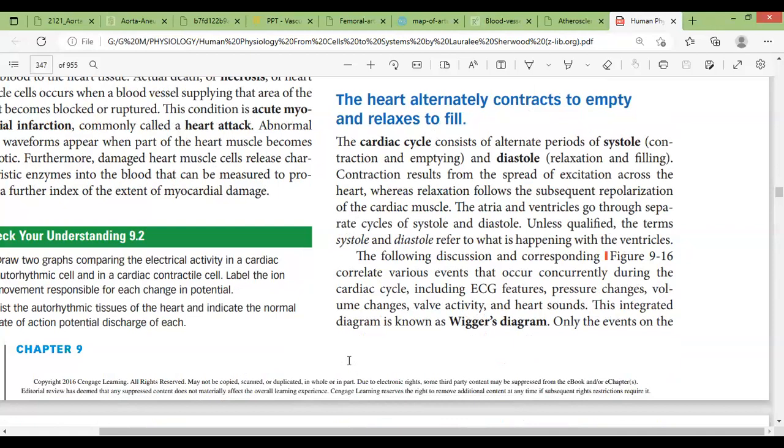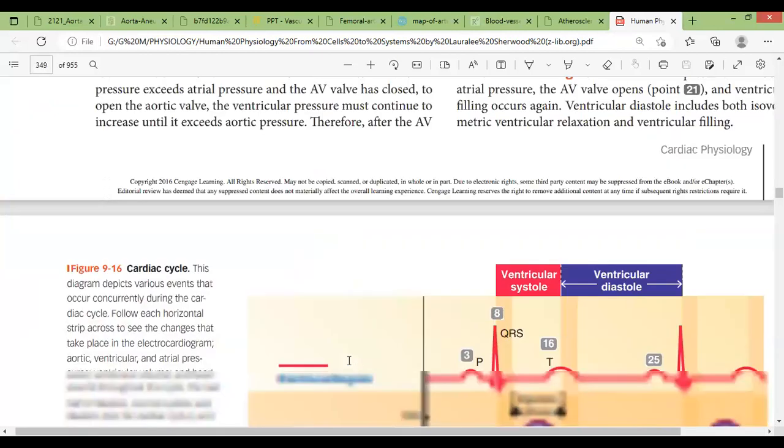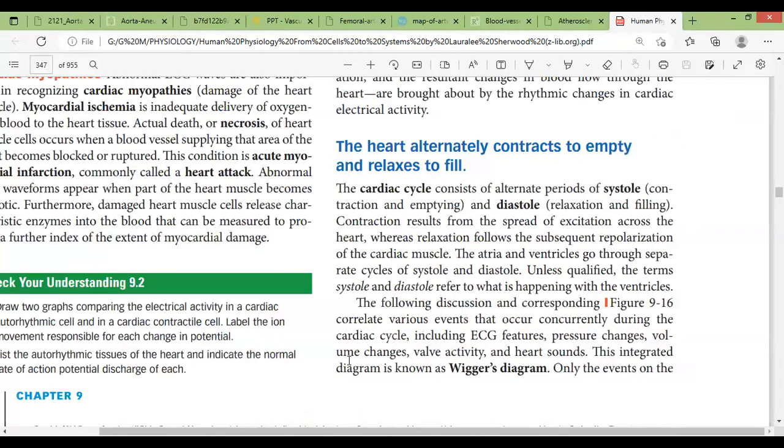I don't know how to explain diastole well. Okay, so Saru has explained systole, so someone explain diastole now.